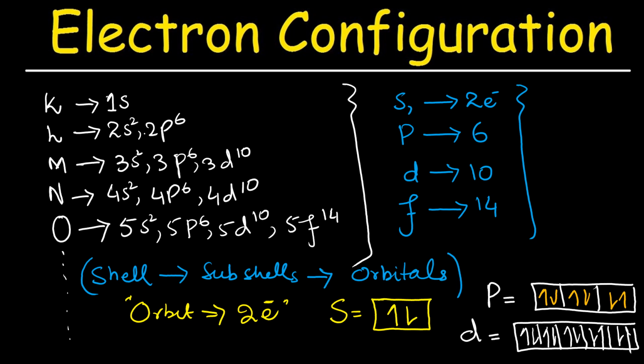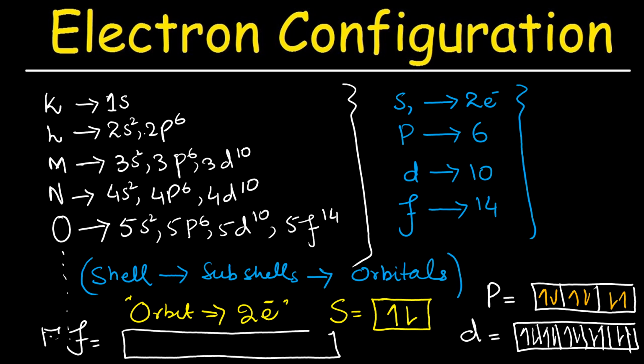Similarly, in case of f subshell, the maximum number of electrons is 14, so the f subshell must have 7 orbitals, 1, 2, 3, 4, 5, 6, and 7.